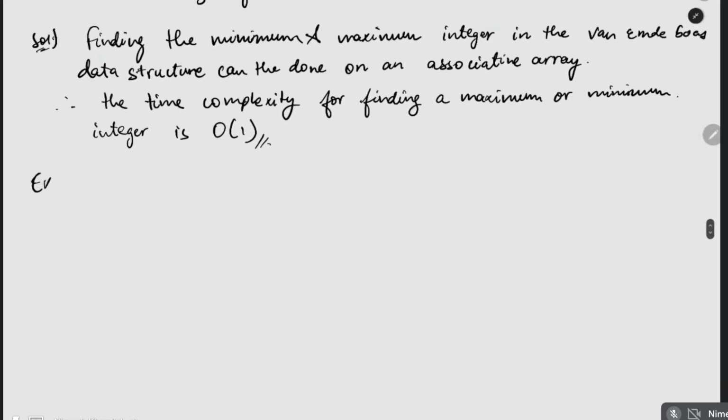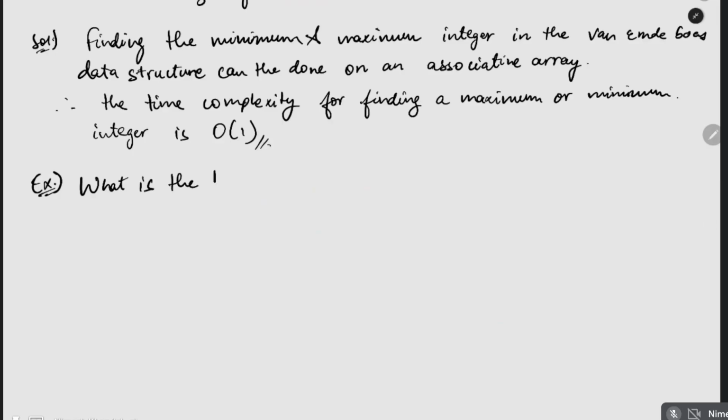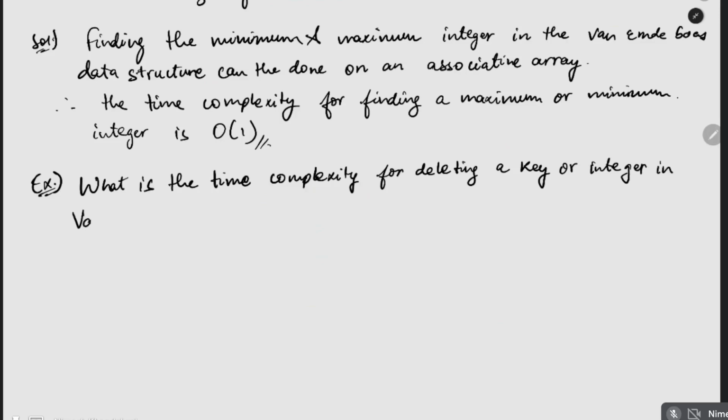Okay, let's take another one. Right? What is the time complexity for deleting a key or integer in the Van Emde Boas data structure, right?